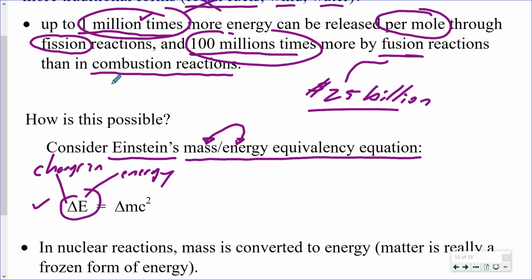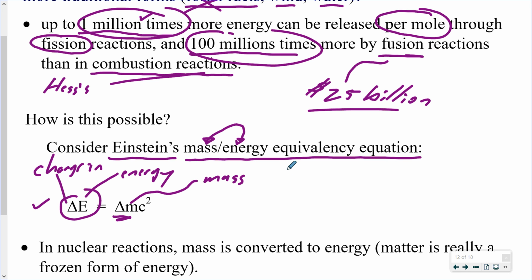Just like with combustion reactions that we did calculations for using Hess's law, we did take a look at the difference between the products and the reactants, and that's what we're going to do for this calculation as well, only now rather than taking a look at the enthalpy difference, the heats of formation between reactants and products, we're going to take a look at the change in mass between the reactants and the products.